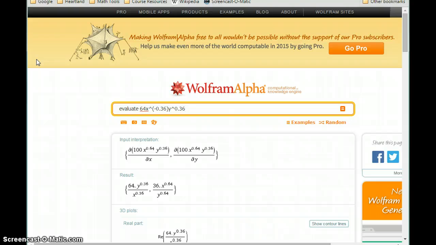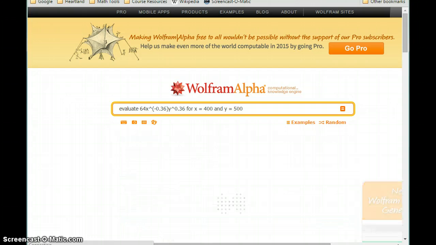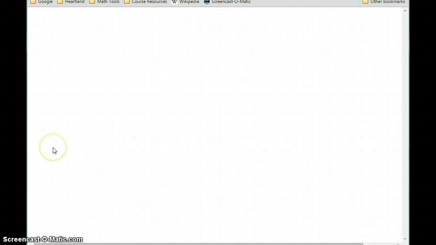So we can evaluate first the partial derivative with respect to y, for x equals 400 and y equals 500. And Wolfram Alpha seems to be dragging on me a bit, so hang on just a second here.